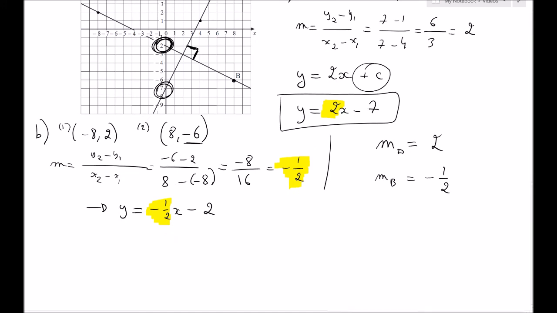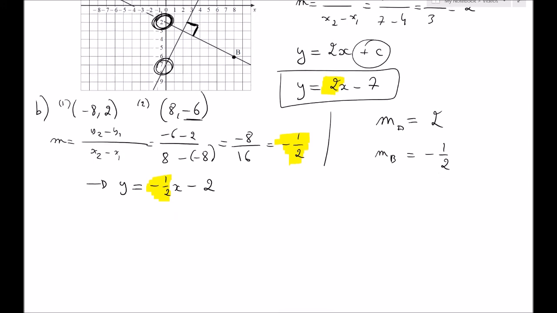For lines that are perpendicular, when you multiply your two gradients, in this case minus 1 over 2 and 2, you should always get minus 1. So that's one of the things that you should remember about perpendicular lines. When lines are perpendicular, their gradients will always multiply to minus 1. That will always be the case.